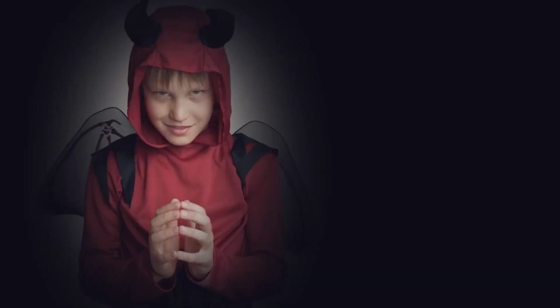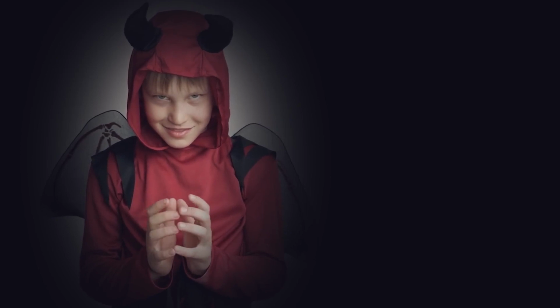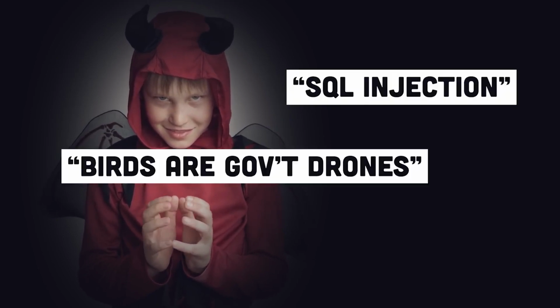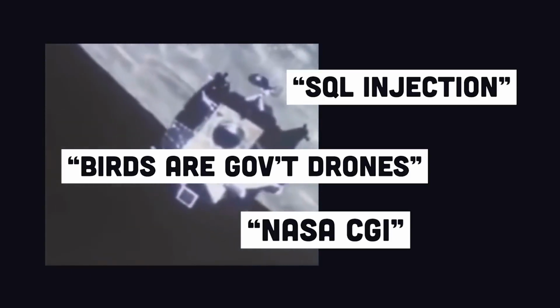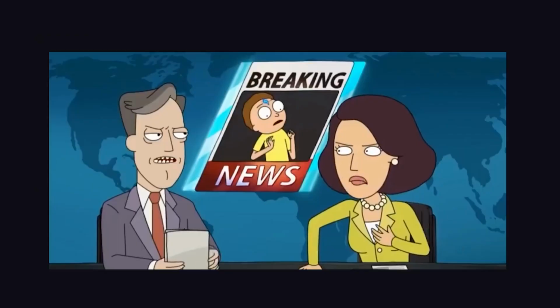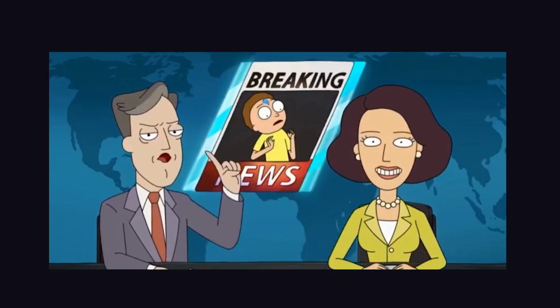But what if you're like a black hat hacker that wants to search fringe stuff, like how to do SQL injection, how to hack the software on birds, or maybe you just want to learn how they filmed the moon landing? For this kind of stuff, Google results are carefully crafted to gaslight you. Gaslighting doesn't exist, you made it up because you're crazy.